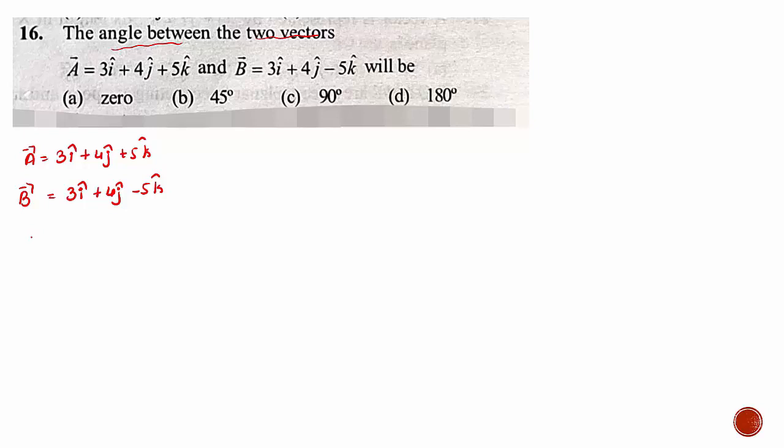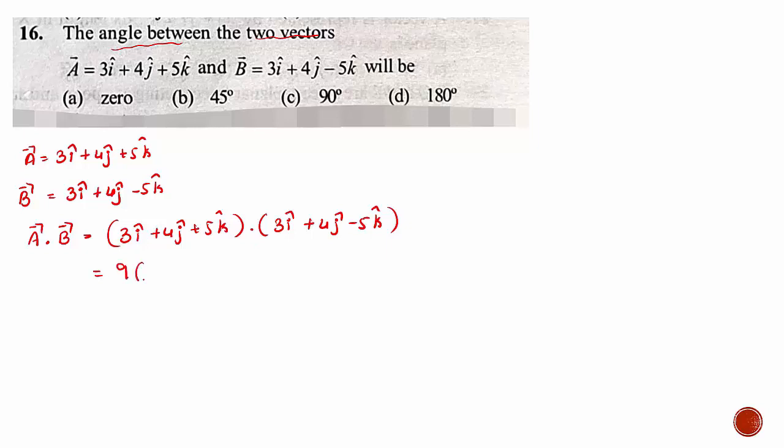So we can use the product of two vectors here, vector A dot vector B. Multiplying these two vectors: 3i cap plus 4j cap plus 5k cap into 3i cap plus 4j cap minus 5k cap. 3 into 3, 9 i dot i, plus 3 into 4, 12 i dot j, then 3 into 5, minus 15 i dot k.